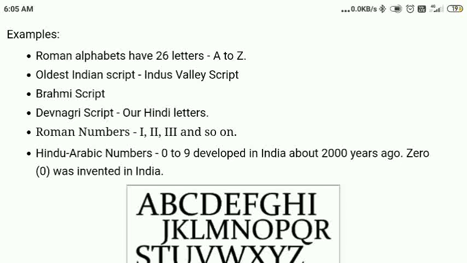E, we created a sound like E. Suppose we were saying a word like gadi: g, a ki matra, d, e. So we were using small sounds and combining them to make a word. That is how we were able to create words.